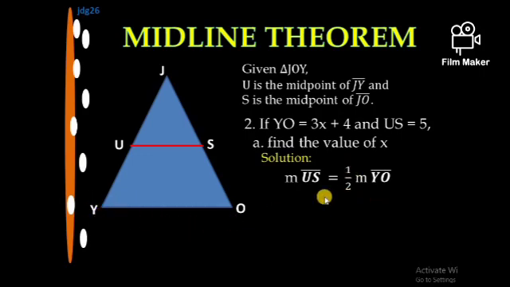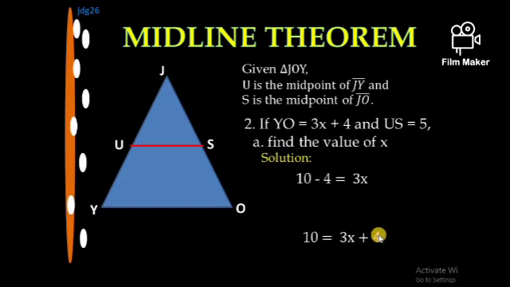Substitute lang ang given. The measure of segment US is 5, equals 1/2 the measure of segment YO, which is 3x plus 4. And then, cross-multiply lang natin. Yung 2 and 5, multiply lang natin itong dalawa na to. So, we have 10 equals 3x plus 4.